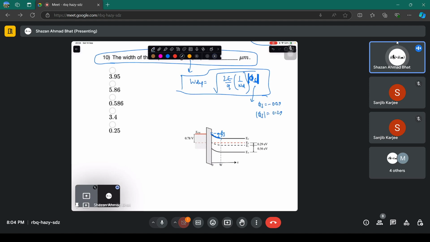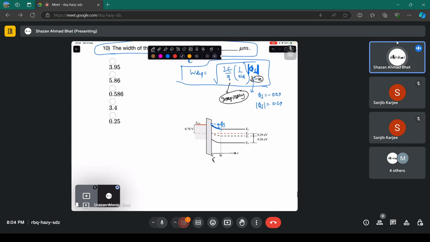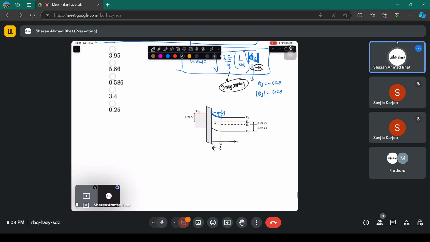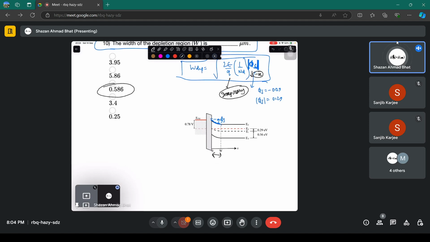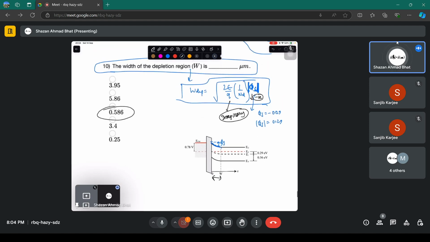If you put the negative value here, it's going to blow up and give an imaginary width, which is not possible. The depletion width has to be a positive real quantity. If you put the values, you get 0.586. Everything has been given, just a calculation is needed, but make sure this is the magnitude of the surface potential.